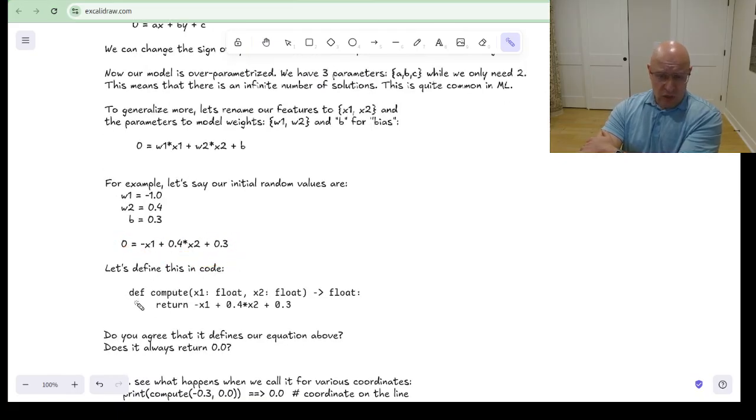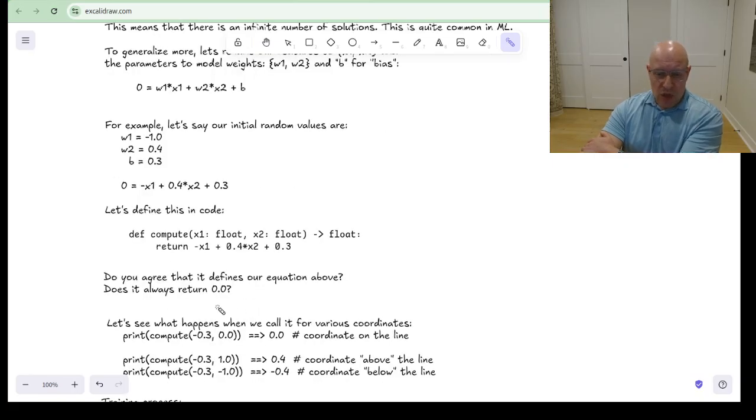But here, when we look at this function, is it guaranteed that this function will always return 0? Not quite. You need to work hard to find a combination of x1 and x2 that will return a 0. So what happens when we call this function with various x1 and x2 coordinates? If I plug in -0.3 and 0, so this one goes into x1, this one goes into x2, we do get a 0.